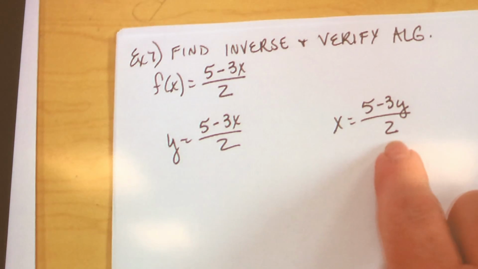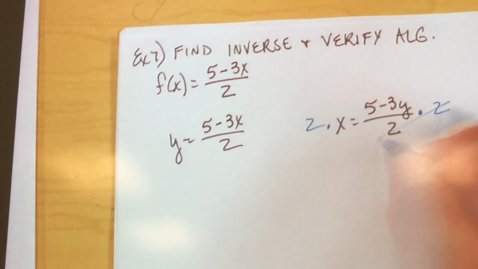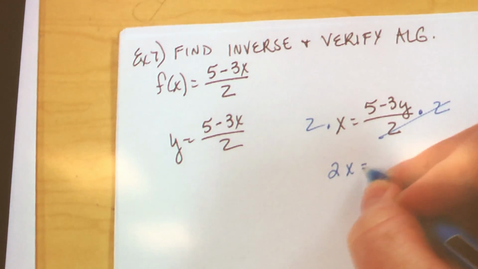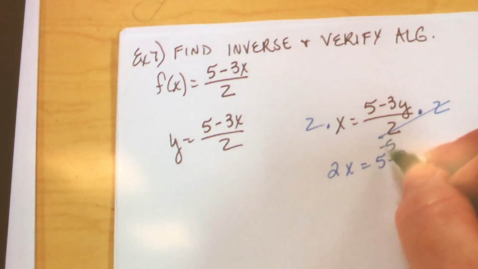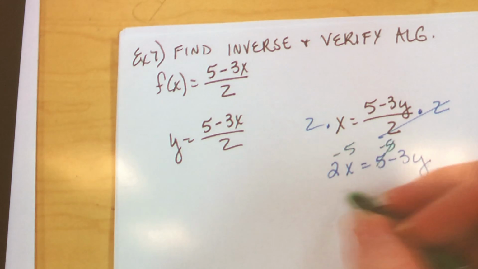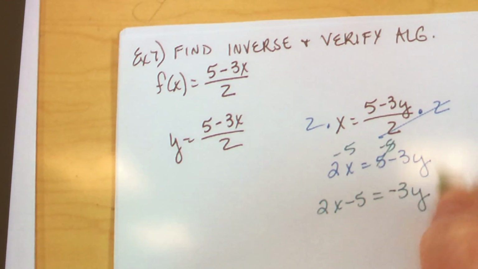Yeah, you need to get rid of that 2. Go ahead and multiply both sides by 2. Alright, then I'm going to subtract 5 from both sides. So I'll have 2x minus 5 is equal to negative 3y. And then I'm going to divide by negative 3.